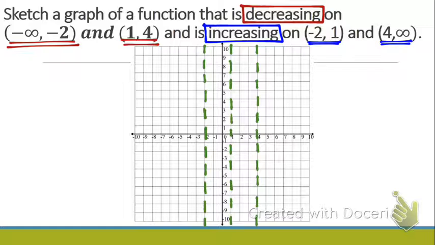Decreasing. This interval right here, in between negative 2 and positive 1, what do I want the graph to do there? I want it to increase. What about in between 1 and 4? I want it to decrease. And what do I want it to do all the way over here? Increase.